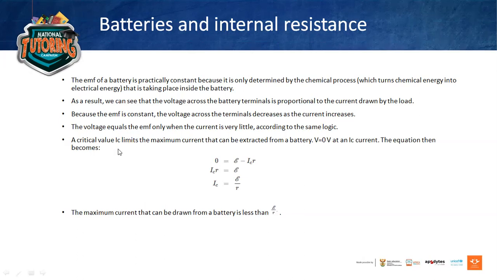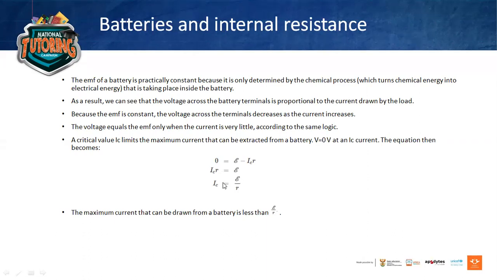So if you have your critical current, basically, because it's a critical value, I_C, then this is what you're going to do. A critical current happens when your voltage is equal to 0. Okay, so it's sort of like a startup before you start up. When you want to calculate your critical current, when you derive the formula, it's going to be 0, because our voltage is 0, is equal to the EMF minus the I critical times the internal resistance, and the I critical times resistance is equal to the EMF.